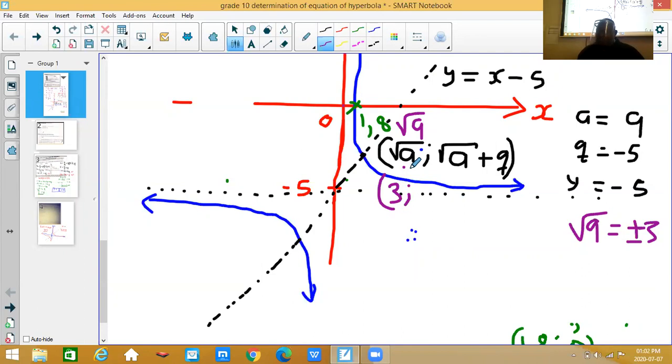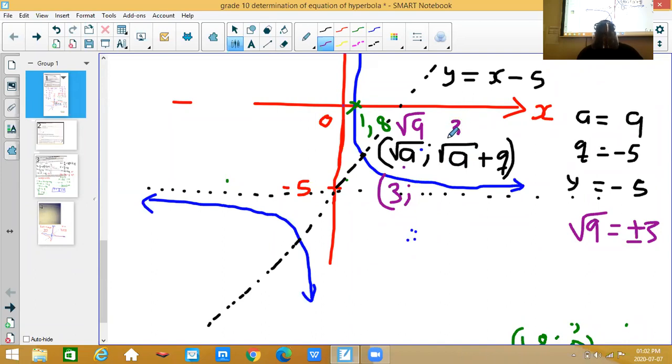Are you getting the point? You are going to take plus 3 here because it is on the positive side of the x-axis. So we take a 3 here, right? This 3 that we have, it is the one that we are going to use here. So implying that here we have got a 3.